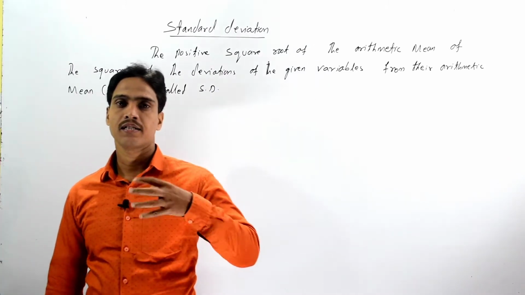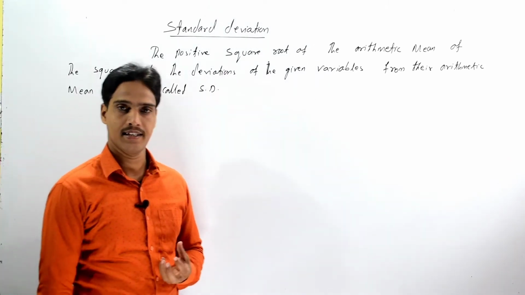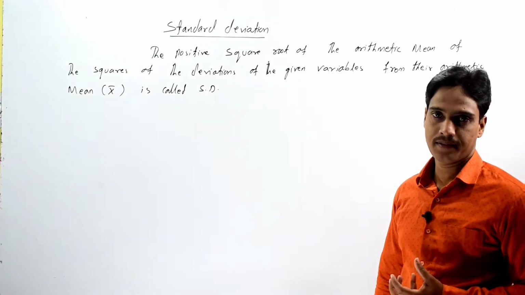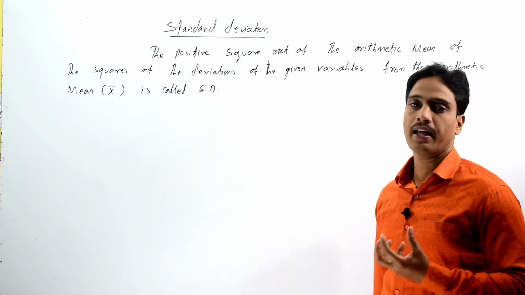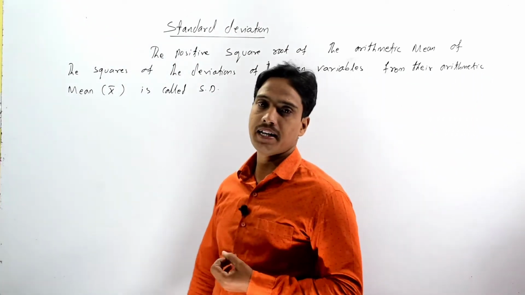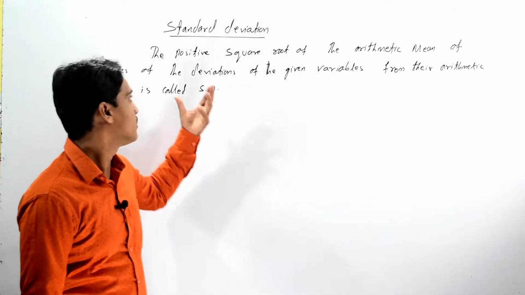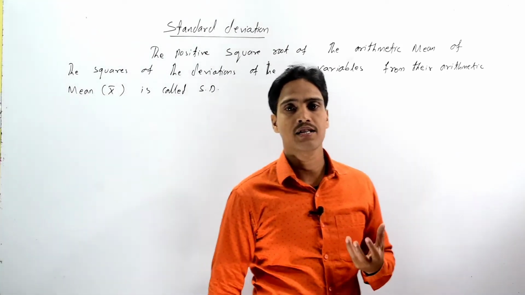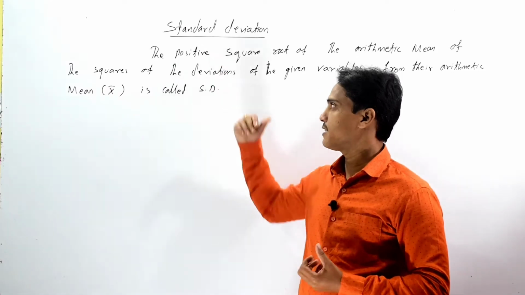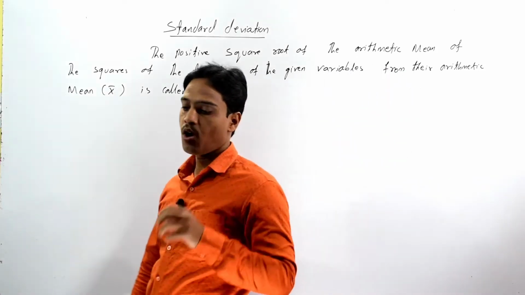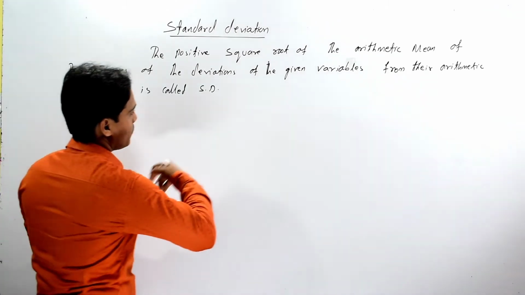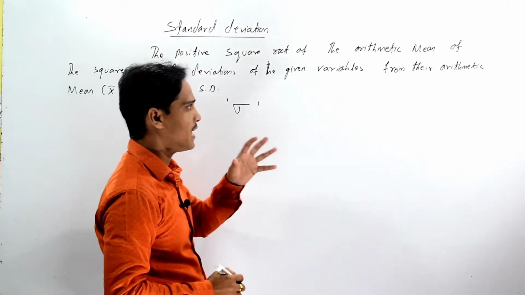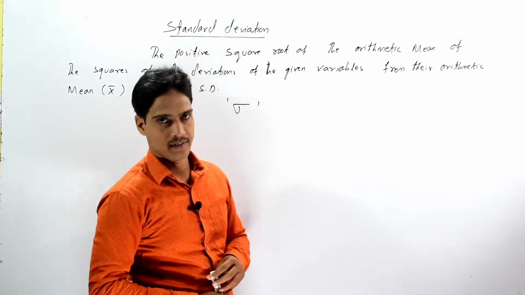Generally, it is calculated by taking the deviations of the variables from their arithmetic mean, and then we take the square root of the arithmetic mean of the squares of deviations, which is denoted by small sigma. It is always denoted as small sigma, which is derived from the Greek word.